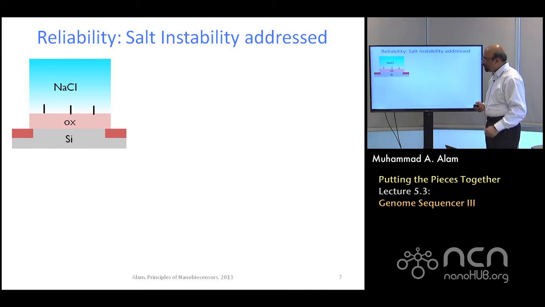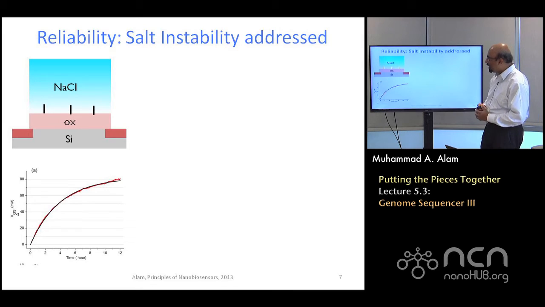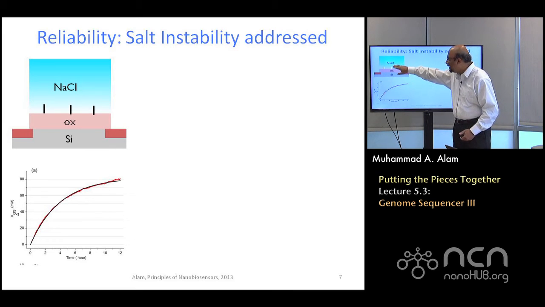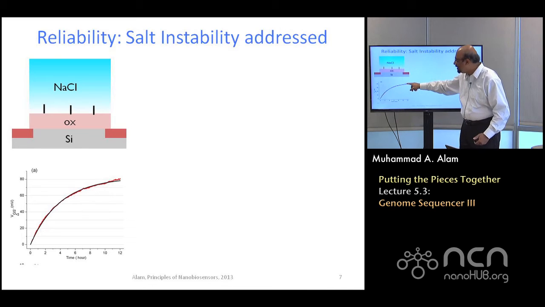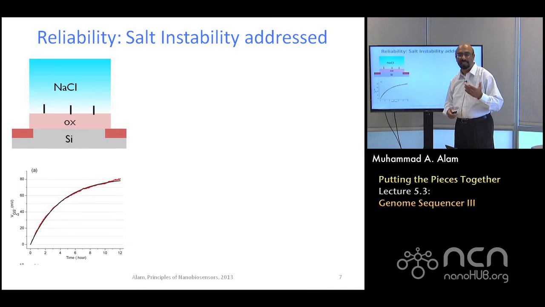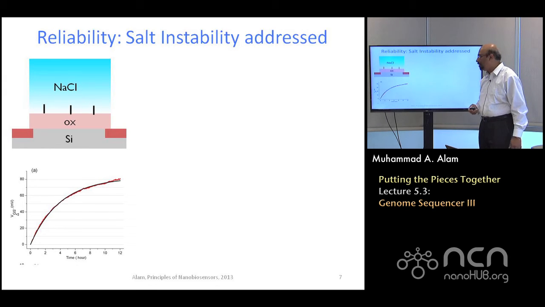In fact, there are many experiments which show that if you don't do anything, just let's say you put sodium chloride salt on top of a transistor, because of the salt diffusing, your voltage keeps changing. So the salt essentially contaminates the signal. Again, it's a selectivity problem.